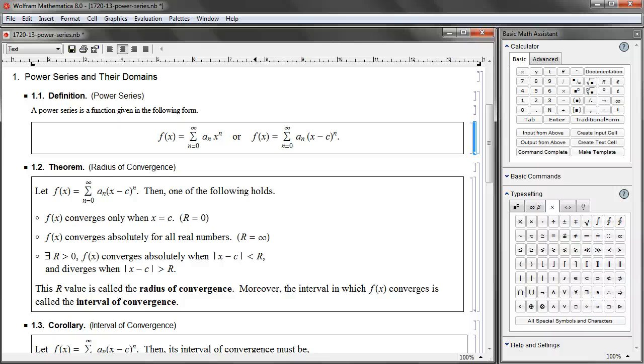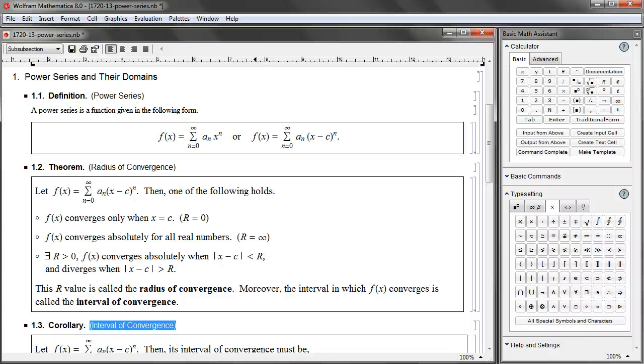Now that we talked about the power series function, we have to talk about its domain. In other words, what is the set in which this power series expression makes sense? It'll turn out that the domain is an interval centered at c, which we call the interval of convergence. However, there's a bit of a theoretical subtlety here. How do you know this is an interval, and how do you know that it exists, and so on?